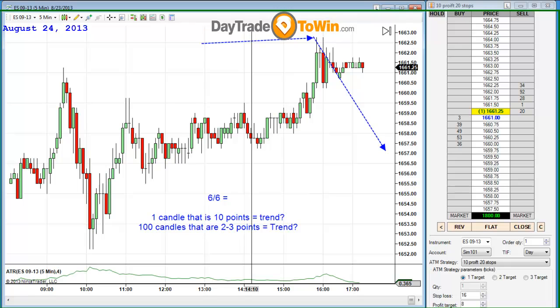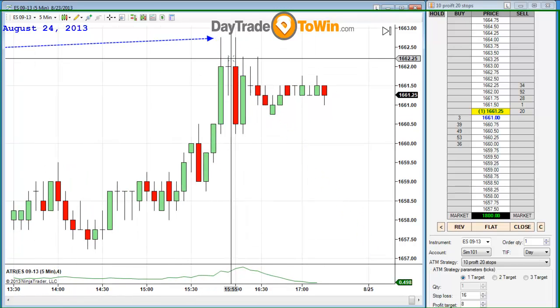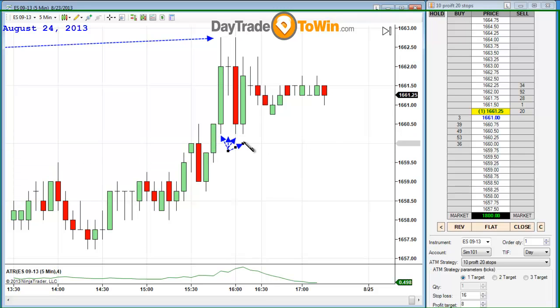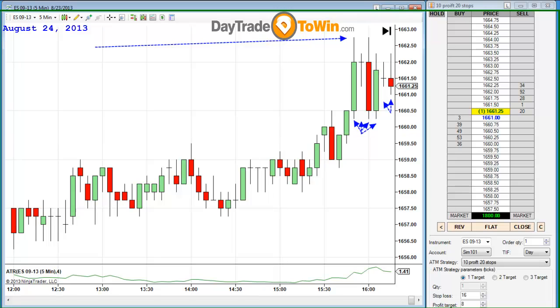So the question here is, can you explain about 6 bars for ES? For example, here I have, just as an example, 1, 2, 3, 4, 5, 6. So we have 6 bars here. Has the market moved from this high down 6 points?